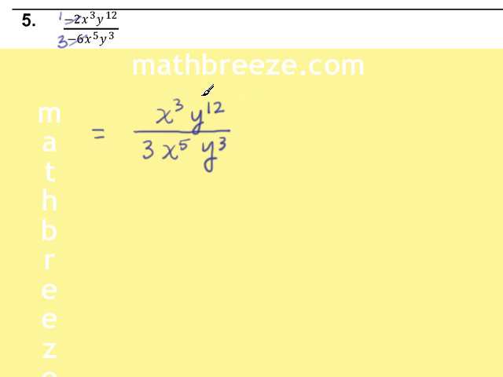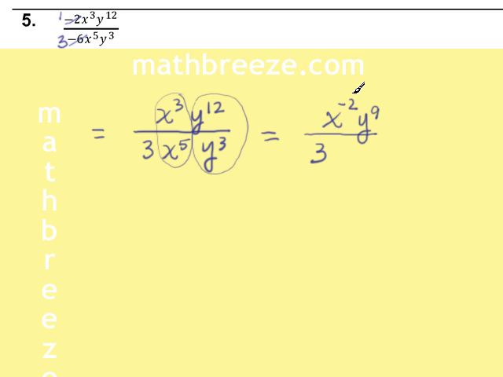All right, so let's say we start by taking care of the powers of x, and we'll just subtract. 3 subtract 5 is negative 2. So here we have x to the negative 2. And now let's take care of the powers of y. So we'll subtract 12 subtract 3 is 9. So we have y to the exponent 9.